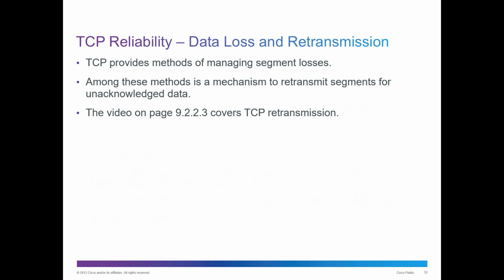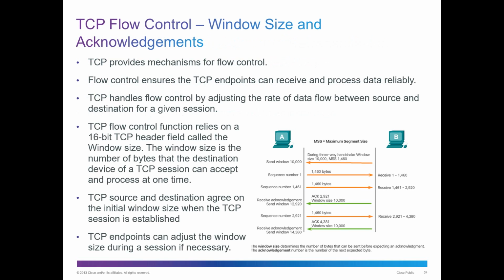So TCP does provide methods for managing segment losses, data loss. Among these methods is a mechanism to retransmit segments for unacknowledged data. Okay, I'll try to explain that a little bit on the next slide that shows you a bit more on this topic.